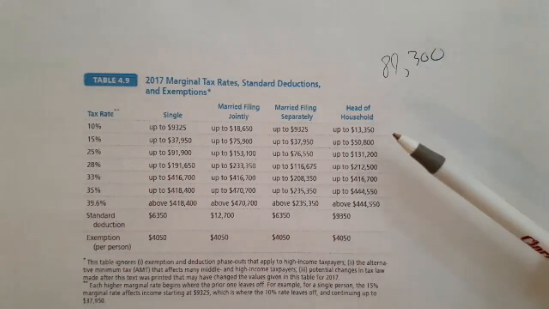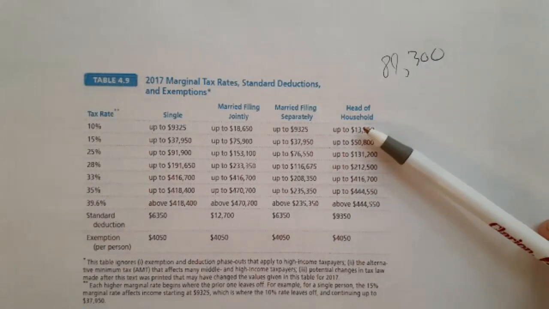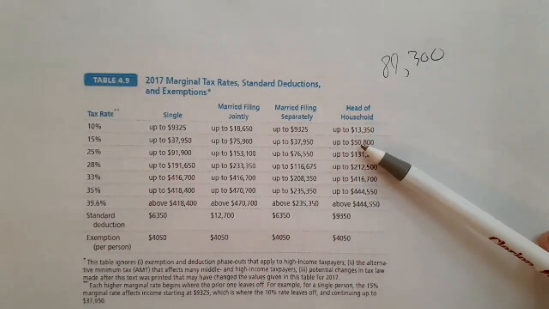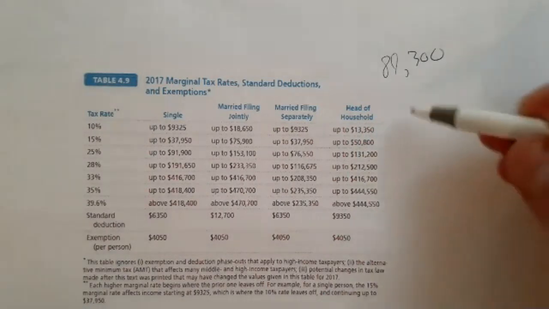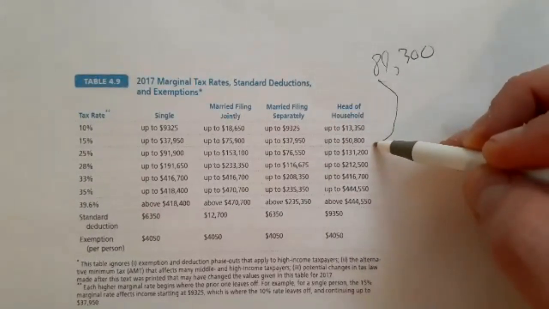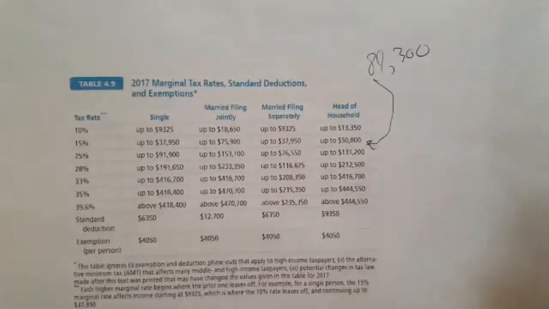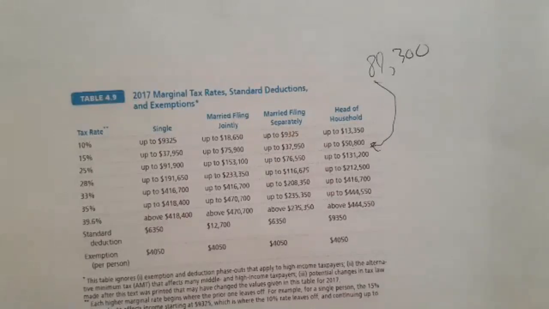If we look at 89,000, it's definitely going past 13. It's going past 50. It is larger than 50. So it looks to me like it's falling in here between these numbers. And so what's the highest tax bracket that he's going to get charged? I think that's probably one of the first things to observe.